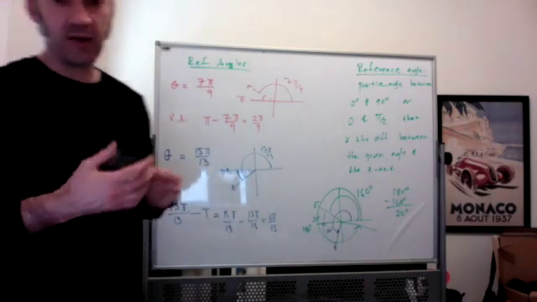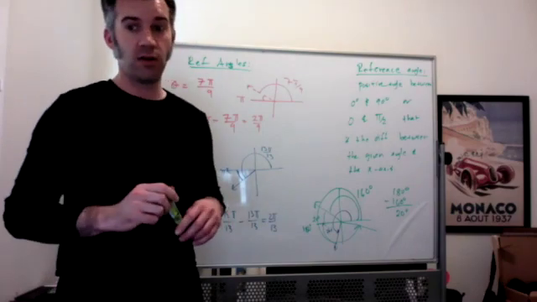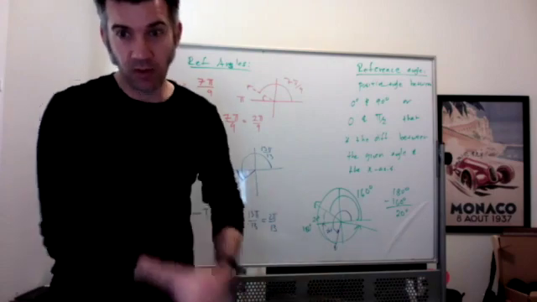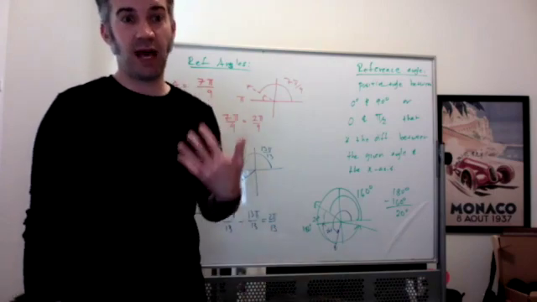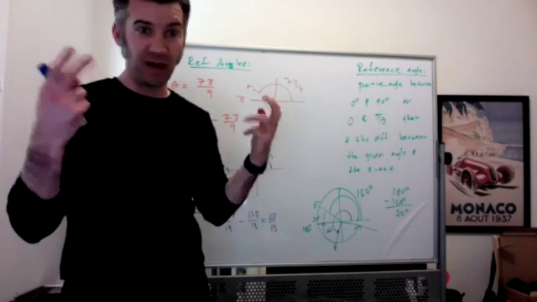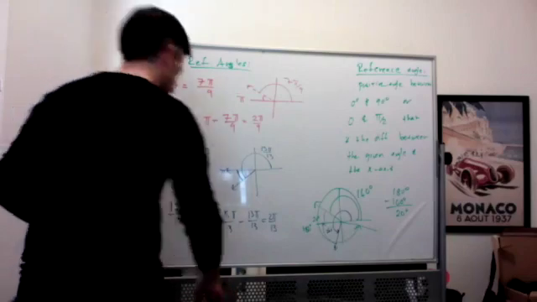So the idea with reference angles is you're always trying to find the positive angle measured to the x-axis. Why is this helpful? Because it's going to allow us to think about what the angle would be in a different quadrant, even if the angle is bigger than an angle that could be in a right triangle. Let's look at some examples of this.